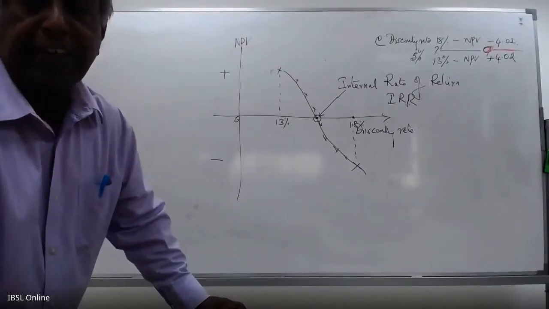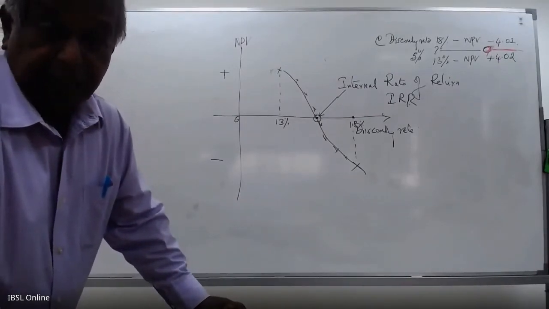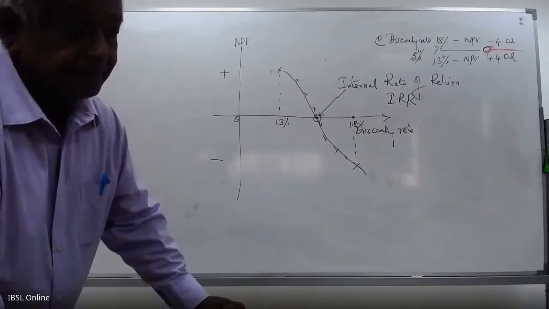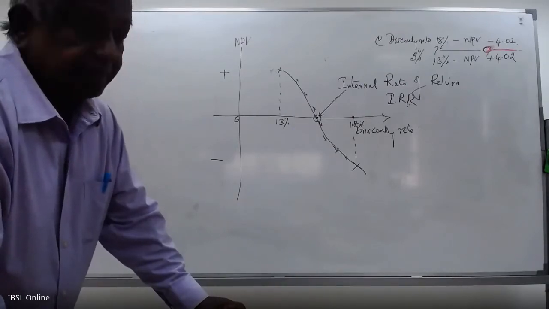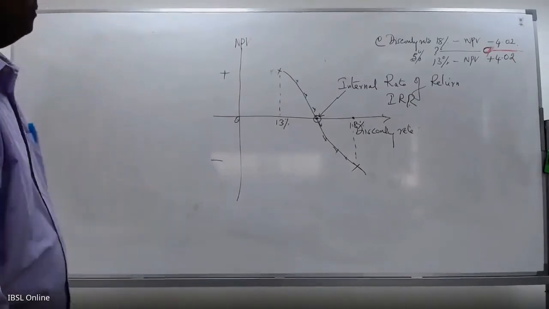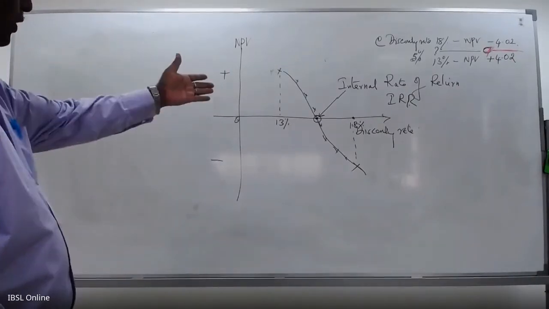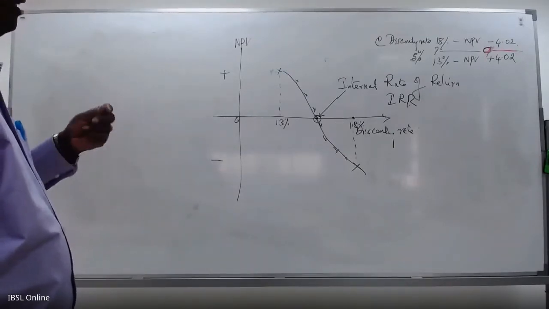It is a break-even point for the investment. That is the IRR, the internal rate of return. Now, how to calculate? One way is plotting the graph; you can calculate the internal rate of return.